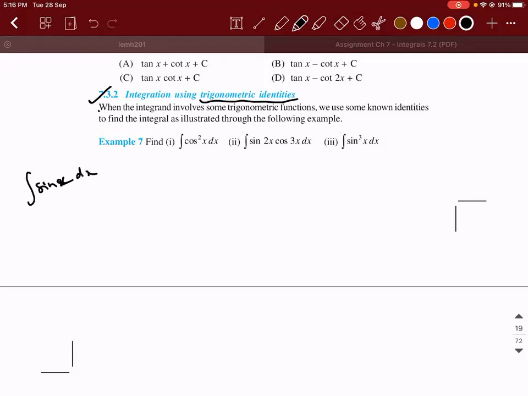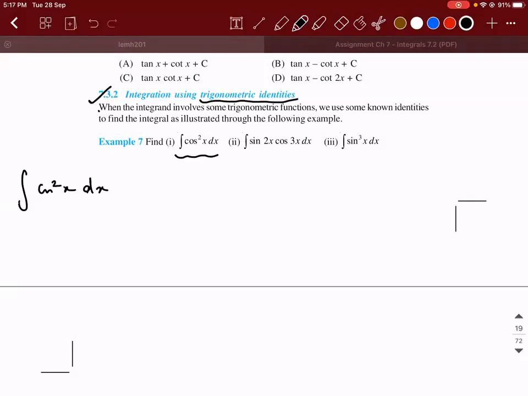Now the question is, what if you have the square of those values and the combination of sine and cos? Then how are we going to deal with it? If I take the problem, integral of cos square x dx, whenever you think of cos square x, what comes to our mind? We can think of 1 minus sine square x. But again, you will get stuck with sine square x also, because sine square x does not have any derivative.